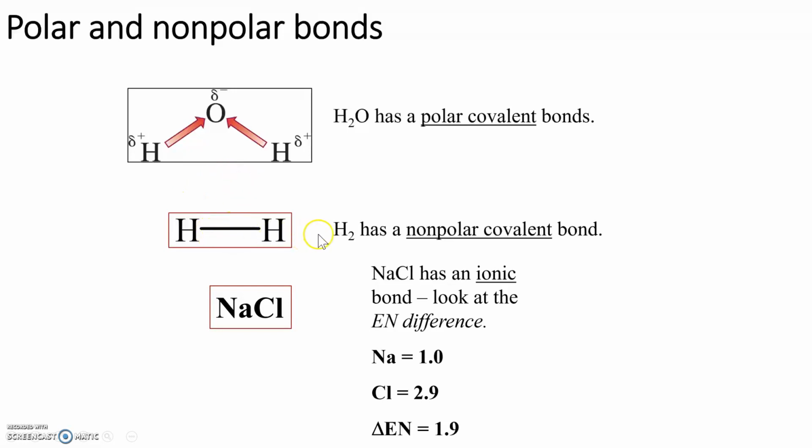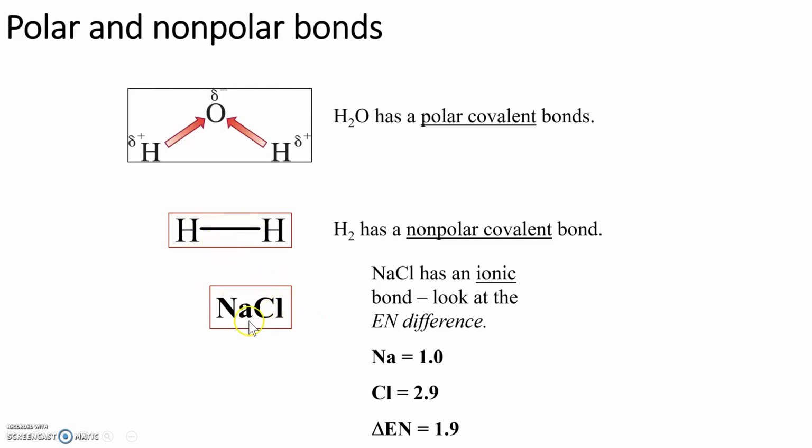Hydrogen gas, H2, is an example again of a covalent molecule. But in this case, it is nonpolar. The electronegativity of hydrogen is going to be equal since you have two identical atoms. When they're equal, it means that those electrons are going to be shared equally in that bond.